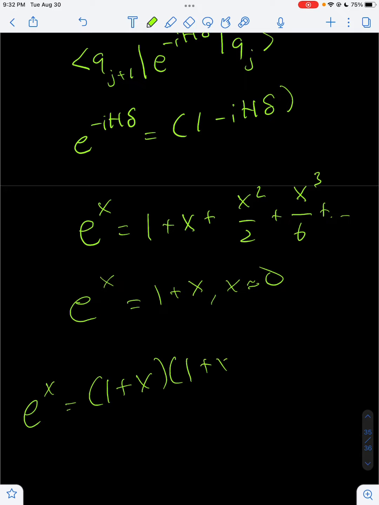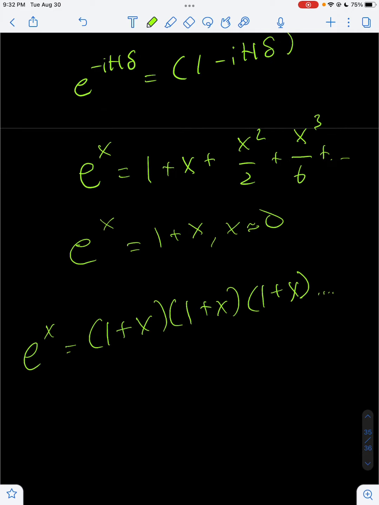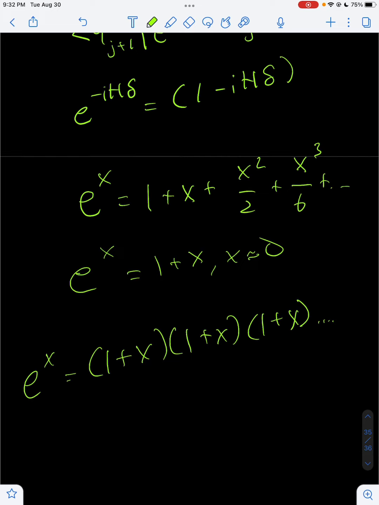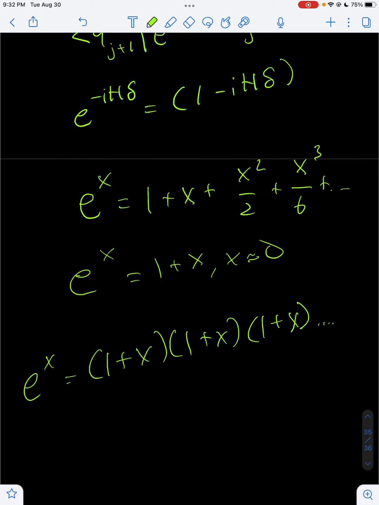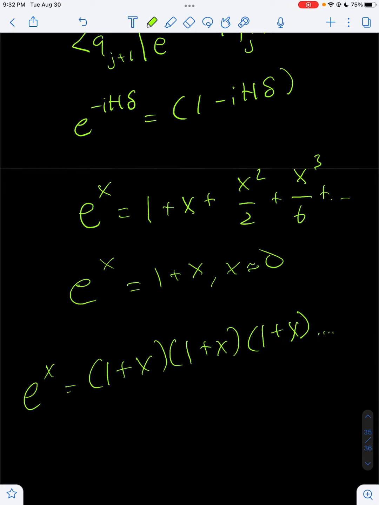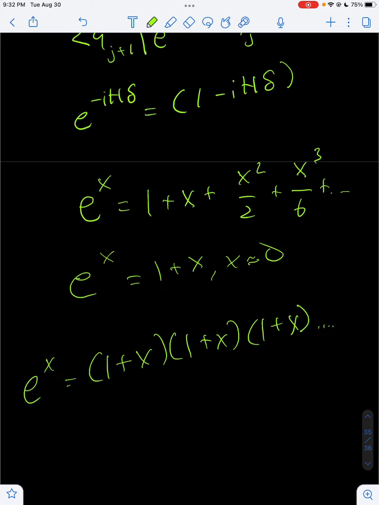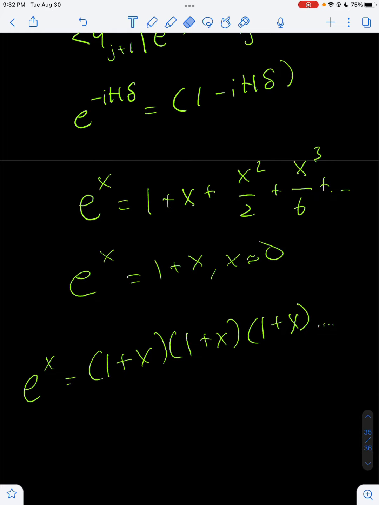The reasoning is that we can say that e to the x is just 1 plus x times 1 plus x times 1 plus x and so on, just multiplying 1 plus x by itself many times. I'm kind of abusing that here. I should really say that this is 1 plus x over n, to the n.